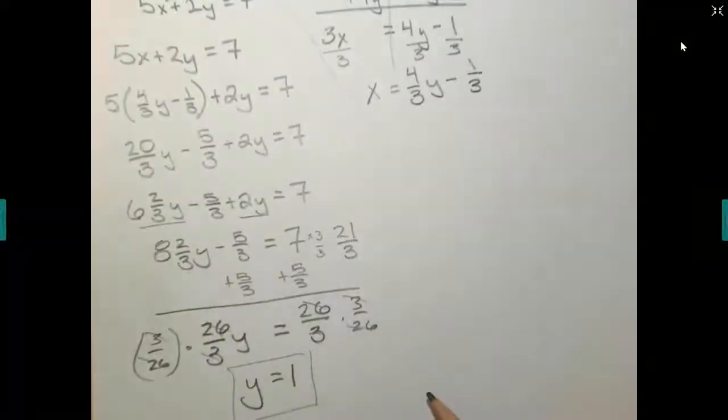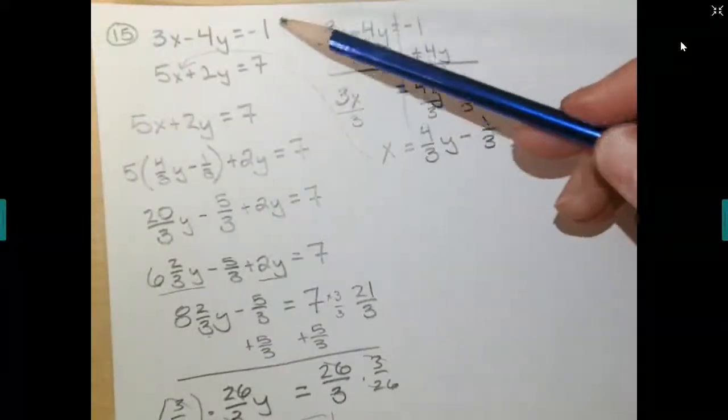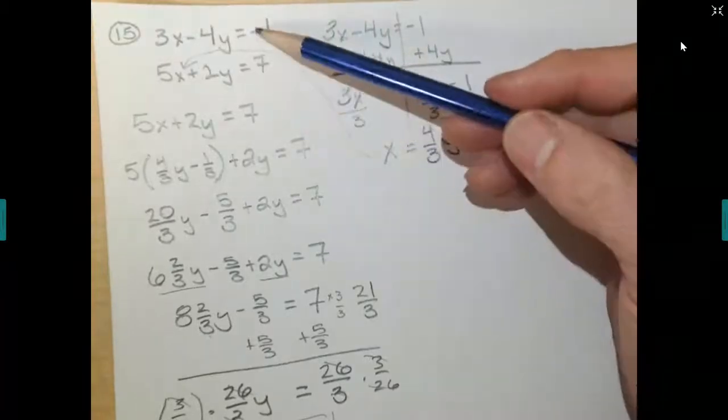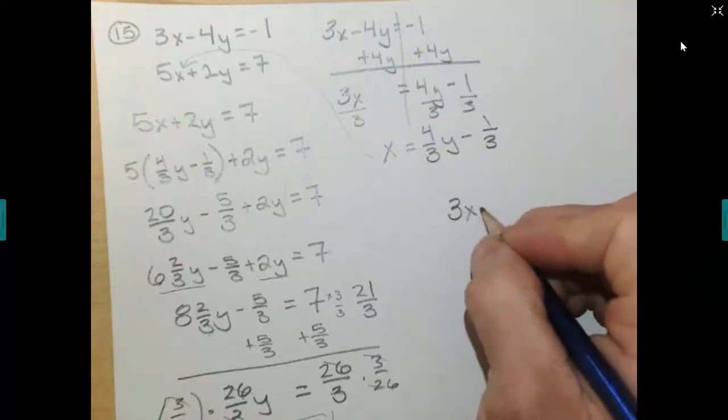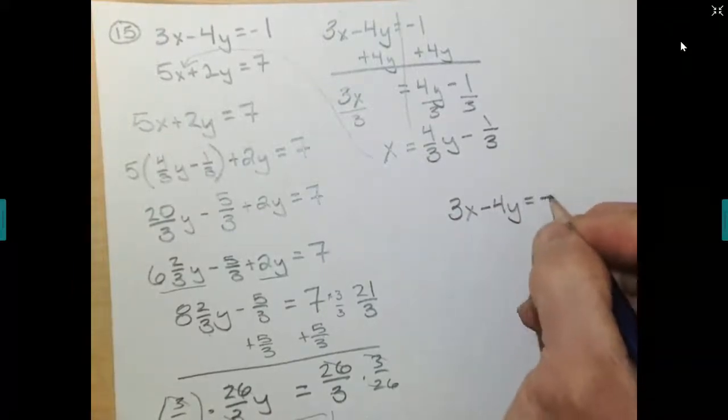Now, what I'm going to do is plug that back into one of these two. I think I'll just take this one because the 3 and the 4 look a little bit easier. 3x minus 4y equals -1.